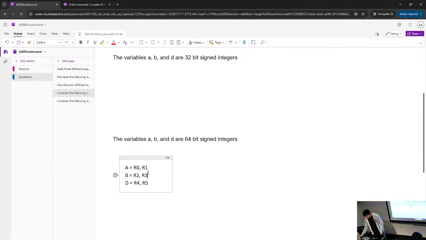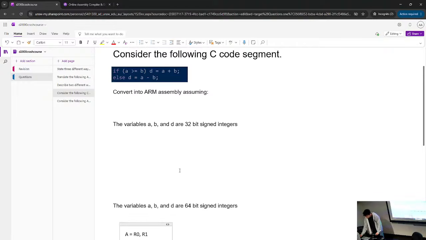So in our case, we can say R1 is the lower bits of A, whereas R0 is the higher, more significant bits of A. Right? So using this definition, let's now try to code up the assembly code. This one's a little more involved, because now we're involving two sets of registers.